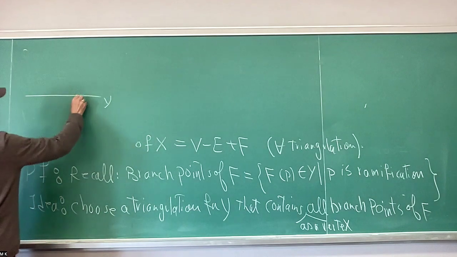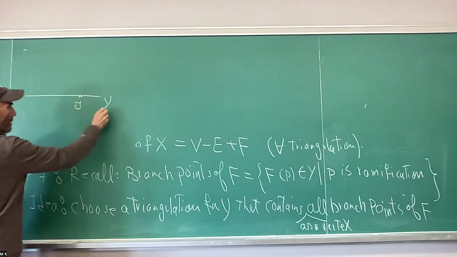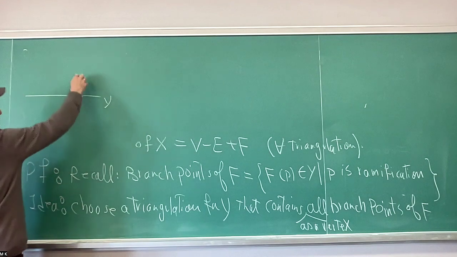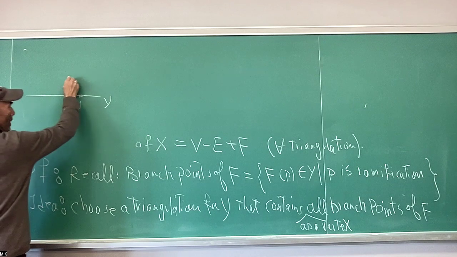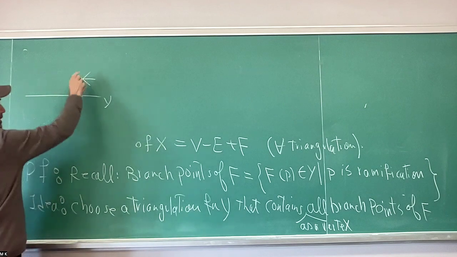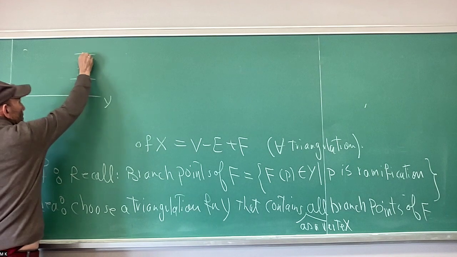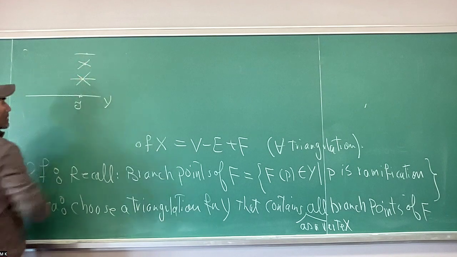So now here is Y, and you have some branch point, little y here. When you look at the inverse image, as we discussed, some points could be ramified. So here has ramification index 3. Here is ramification index 2, and here is just unramified.